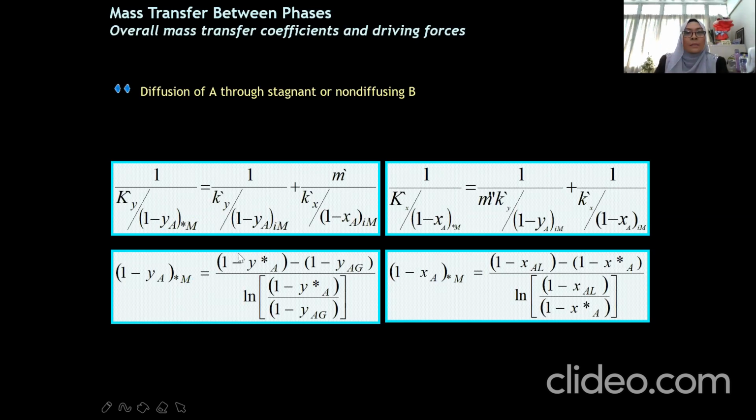As for this part, which is the log mean value for the gas and also for the liquid at the interface, I have shown this in the last class, but now I want to teach you how to calculate the 1 minus YA star M, which is the log mean value using the overall mass transfer coefficient. So this is the equation for the gas part, and this is for the liquid part. Let's see how you can get this log mean value.